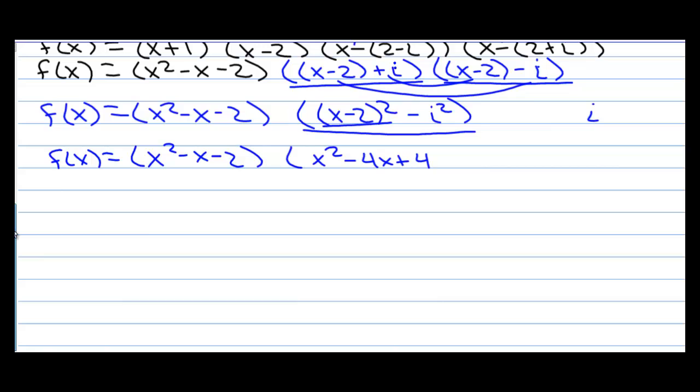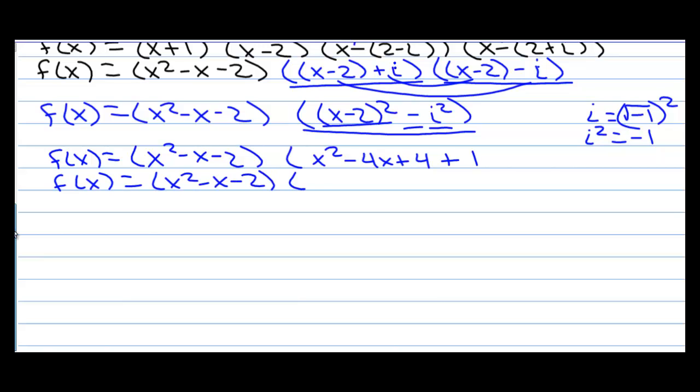If i is the square root of negative 1, then i squared is equal to this squared, and the square root and the square go away, so i squared is negative 1. Well, we have a negative 1, that's plus 1. So f of x is equal to x squared minus x minus 2 times x squared minus 4x plus 5. 4 plus 1 being 5.